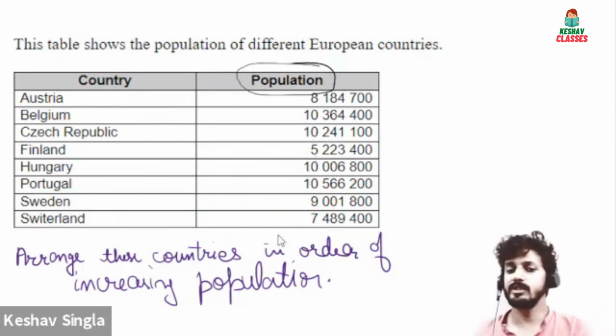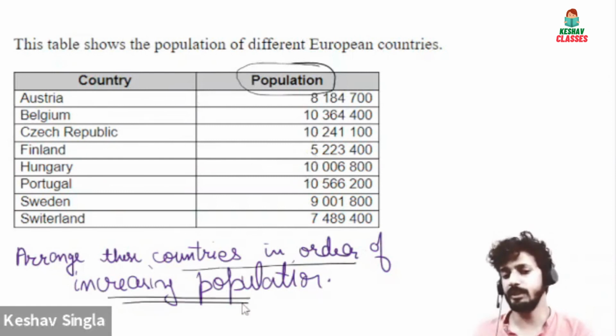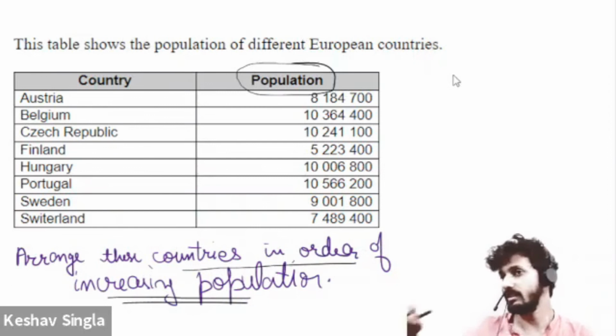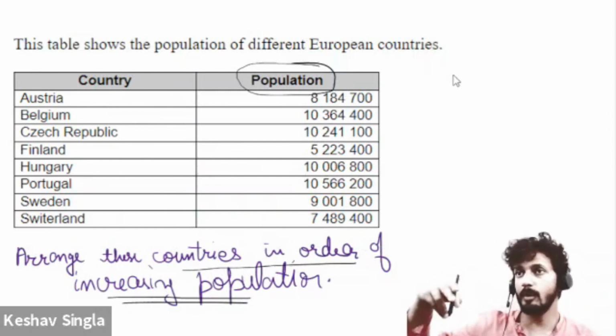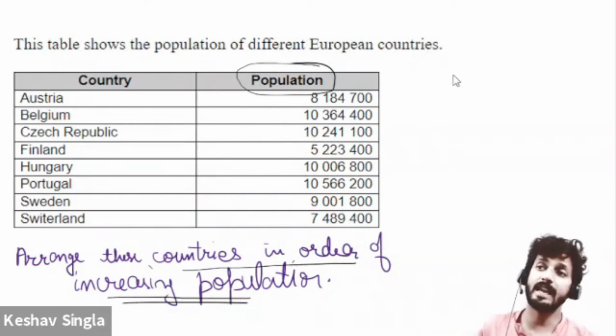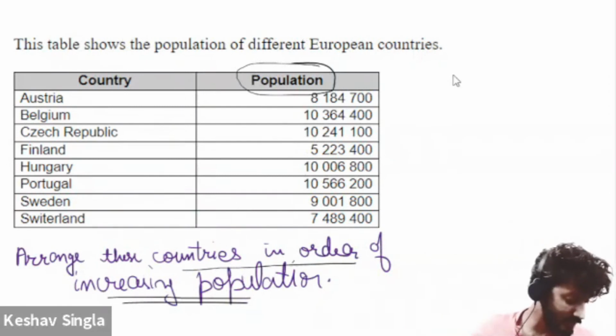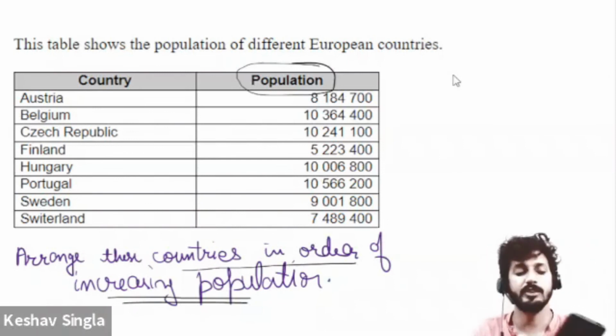What you need to do is arrange these countries in the order of increasing population. First write the name of the country which has the least population. Then the next country which has greater population, greater population, greater population. In the end, you will write the country which has the maximum population. So how can we do this?